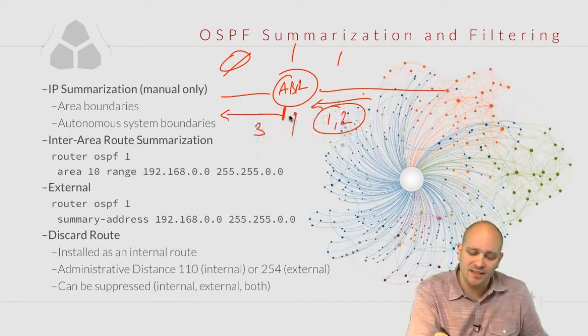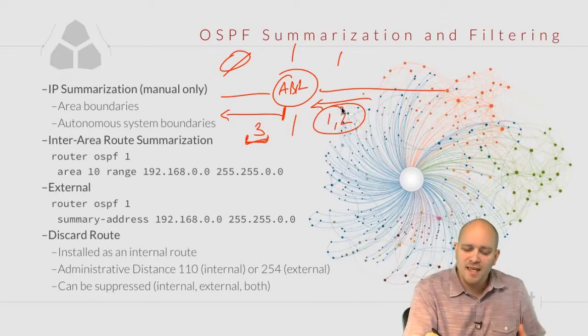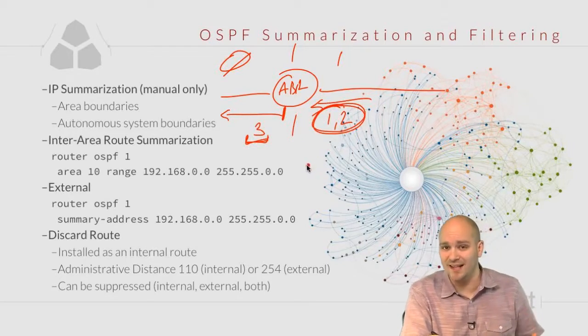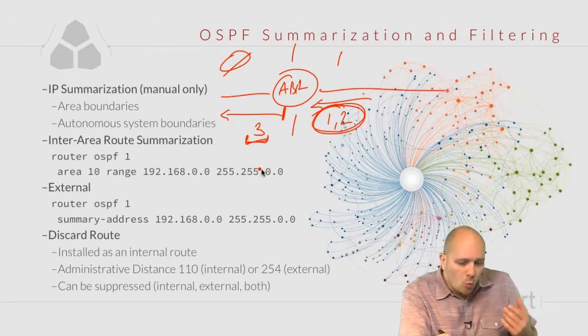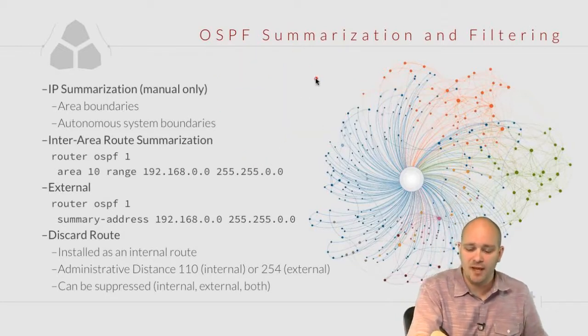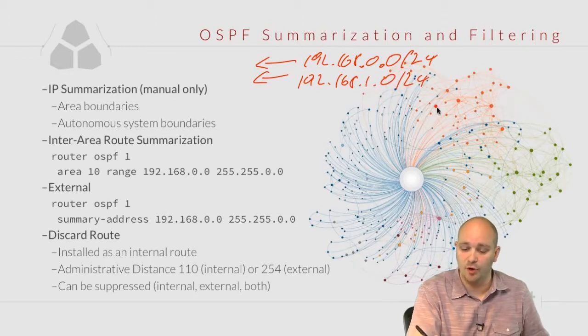At the injection point of this type 3 LSA, we can not only leave the summarization at the LSA level, but we can also perform IP summarization. What I mean by this is if we had, for example, route 192.168.0.0/24 arriving and route 192.168.1.0/24 arriving.